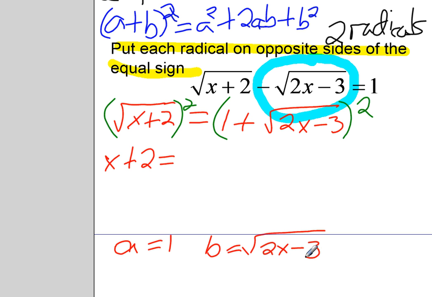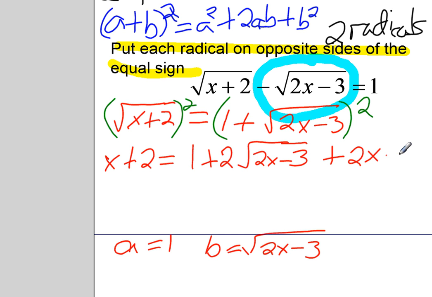So a squared is 1. The two terms multiplied together and doubled is plus 2 times the square root of 2x minus 3. And then b squared undoes the radical, so plus 2x minus 3.